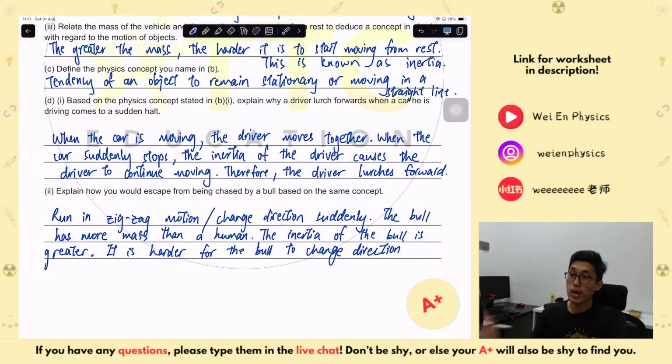Understand? That's why it works on anything that's heavier than you, not just a bull. That's why I say even your mom also can. If you get chased by your mom, but your mom is heavier than you, you can also run, as long as it's greater mass.